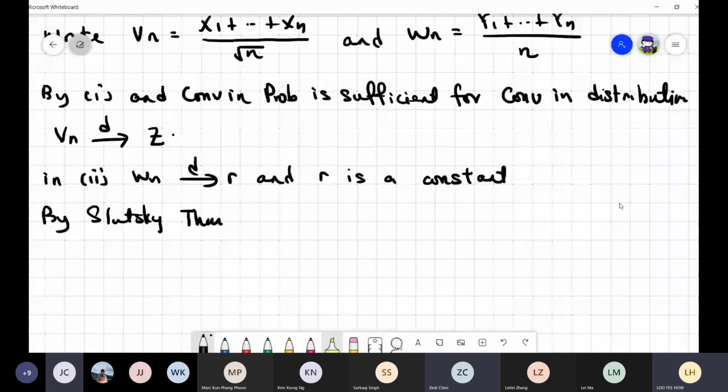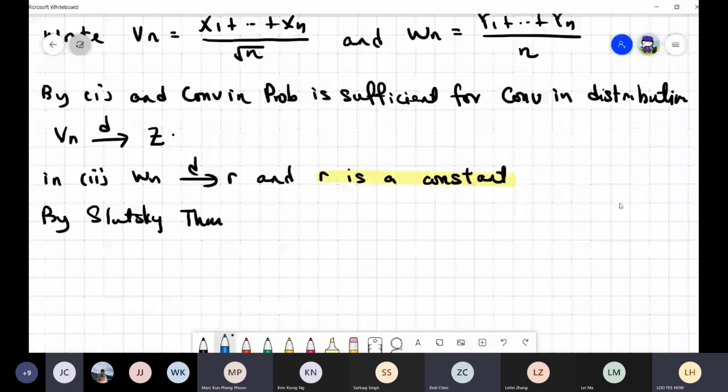This is very important: first of all, you have to make sure this is a constant. If this is not a constant, we cannot apply the theorem. The theorem might not be true anymore. So by applying these Slutsky theorems, we can see.